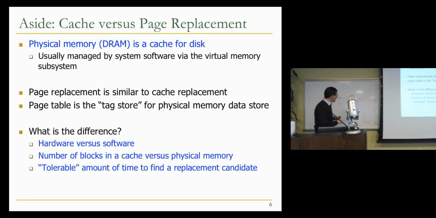And whenever a new page needs to be brought into physical memory, what the operating system does is figure out one of those pages currently in physical memory and pick one that doesn't have its access bit set, which means replace the one that was not recently referenced.